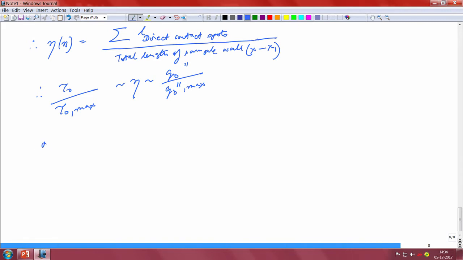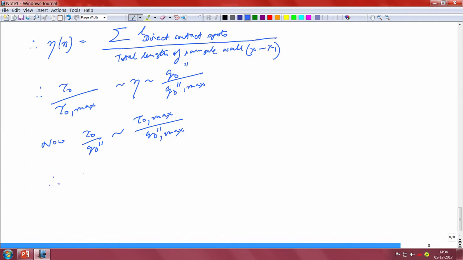So, therefore, tau naught by q naught double prime should scale as tau max by q double prime max. When there is a cold fluid coming, hitting at a fast pace, it is also bringing cold temperature with it. That is why this scaling actually works.